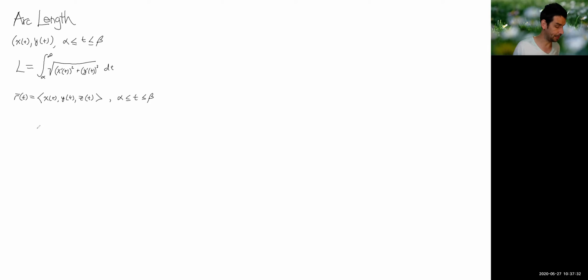And so what ends up happening is when we have the arc length in 3 dimensions, it's going to look almost exactly the same. We just have to add, I'm going to use a little bit different notation just to make it easier to write. So instead of just doing our 2 component functions, we now have 3. We get our 1/2 power dt. Okay.